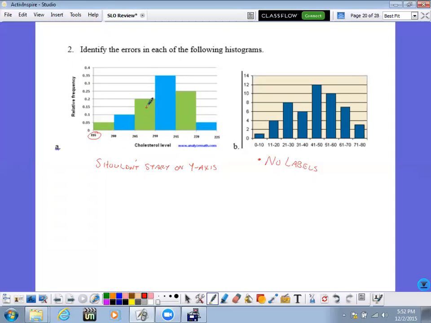But if I look at here, these are not connected. This is more of a bar graph than a histogram. They need to be connected. So we need to have that as an error also. Gaps unneeded. I don't know if this is actually a word, but we're going to write it. The gaps are unneeded. Now we can have gaps like we did in the other one.